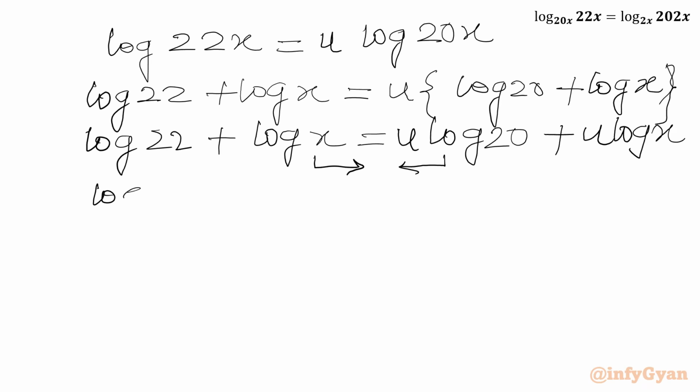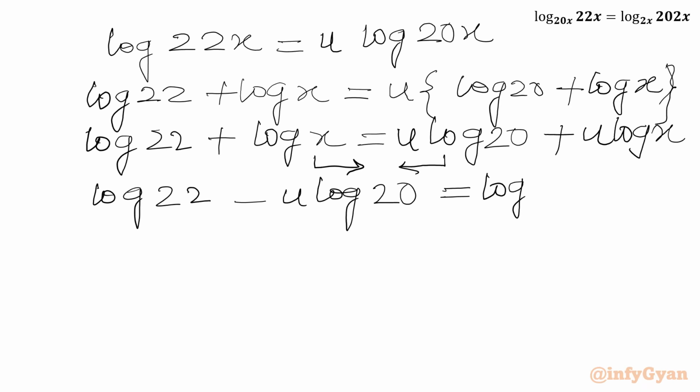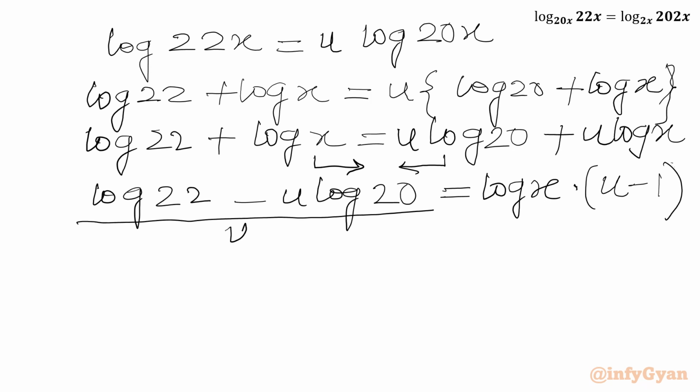We will get log 22 minus u log 20 in the LHS, and in the RHS we will write log x common in the bracket, u minus 1. Now we have to divide both sides by u minus 1 to get the value of log x. So we will cancel u minus 1 from the right hand side.